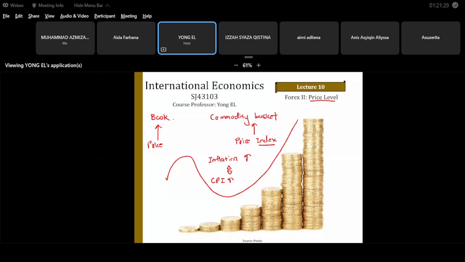When inflation happens, have you also noticed that our currency value decreases? If you look at the exchange rate between the Malaysian ringgit and the US dollar, it happened to be 4 ringgit and 10 cent initially, but then it dropped until 4 ringgit and 60 cent.